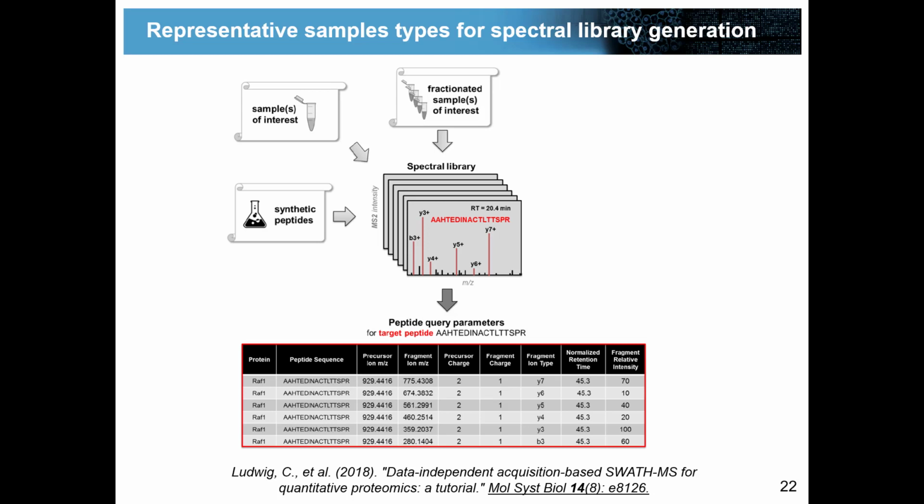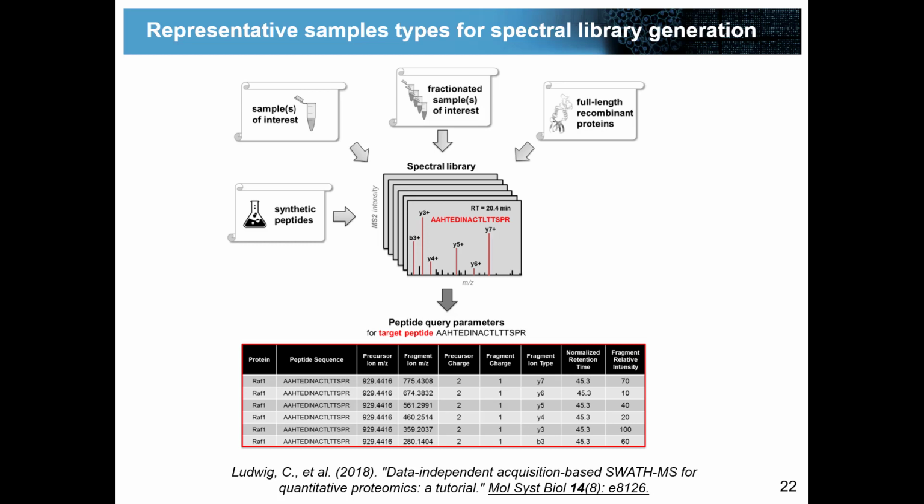But other approaches that are also very valid for spectral library generation is to work with synthetic peptides. So if you can order a lot of crude synthetic peptides, you will quite likely generate very high quality MS2 spectra that then can be used in your library, or full-length recombinant proteins, which the MacCoss group does a lot.